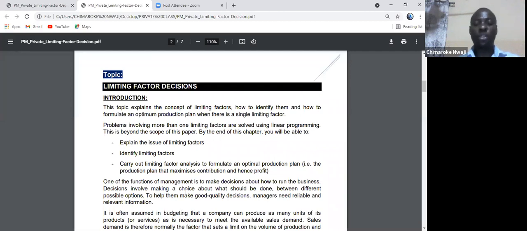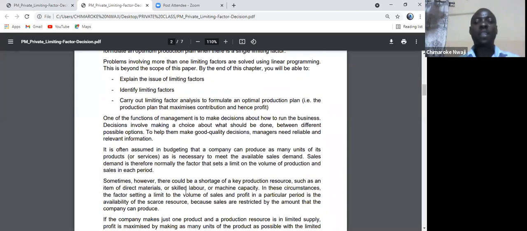One of the functions of management is to make decisions on how to run a business. Now, these decisions will involve making choices of what functions should be done, what products should be produced, and what should be combined.